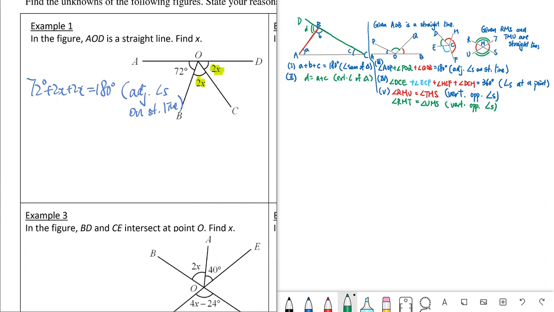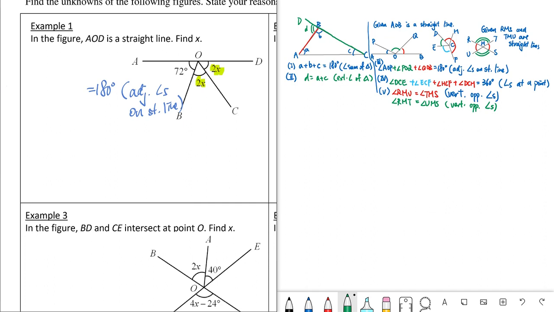If you write 2x plus 2x, actually I don't have a clear idea which angle you are talking about. Therefore, a more precise way, if you want to have your presentation in a more clear way, is not to write 2x in the first place. If the question has two angles having the same size, then write the name of the angle first.